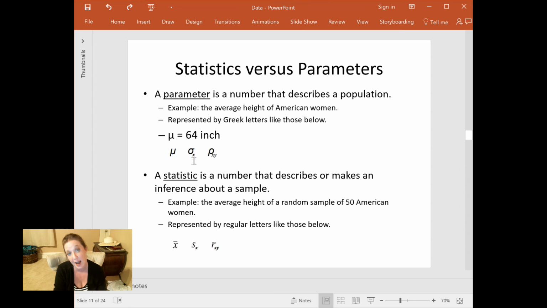I would label height X. Let's say I'm also exploring weight. I might label weight Y. And so then this would be the standard deviation for height, which I've labeled X, and I know that because it's got a little X here. This would be the correlation between X and Y, so the correlation between height and weight, and I know that because I labeled height X and weight Y.